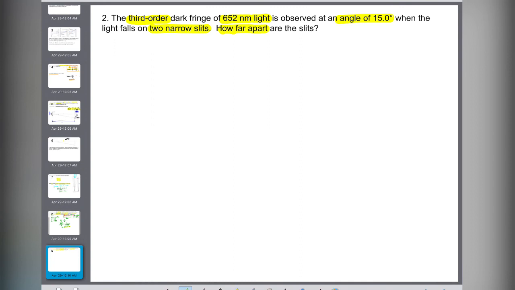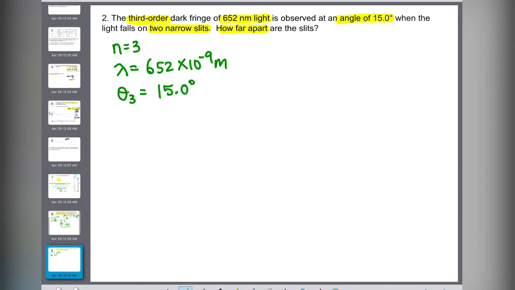I have a third order, so n equals 3. So meaning the third line. And they tell you that the light, which is wavelength, is 652 nano. Nano is times 10 to the negative 9. Is observed at an angle of 15. So theta 3 is 15 degrees.